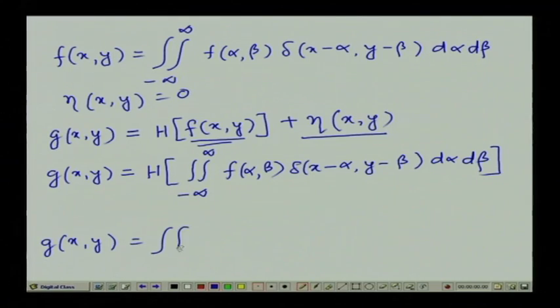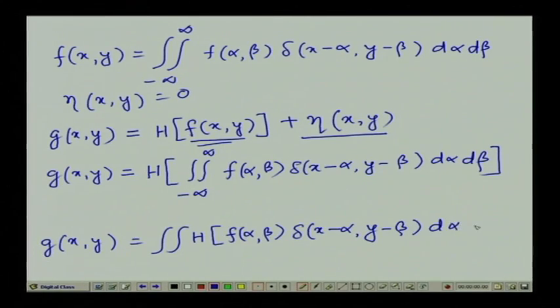Now, once I get this kind of expression, if I apply the linearity and additivity property of the linear system, then this particular expression gets converted to g x y is equal to, I can take this double integral outside, it becomes h of f alpha beta delta x minus alpha y minus beta d alpha d beta, and take the integral from minus infinity to infinity.